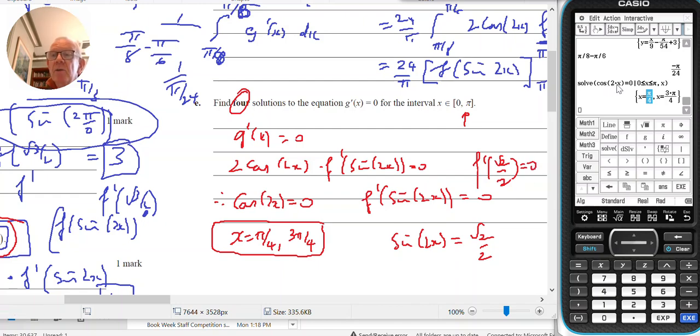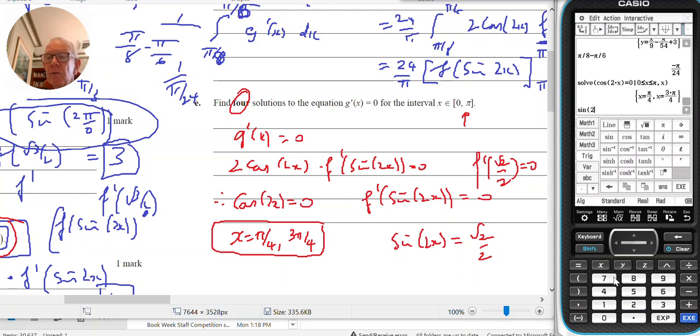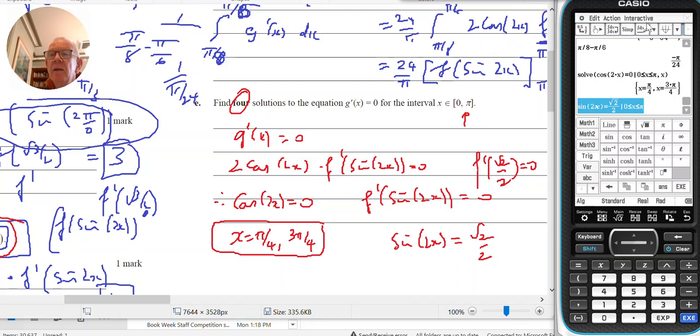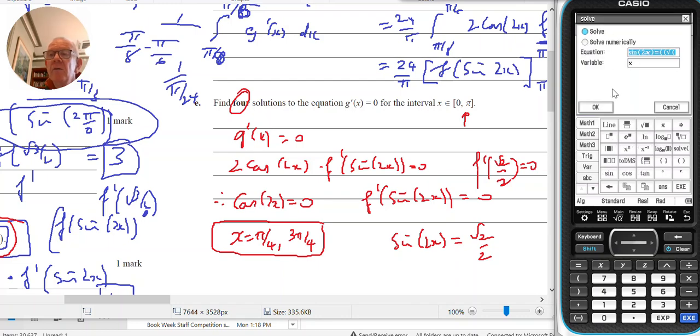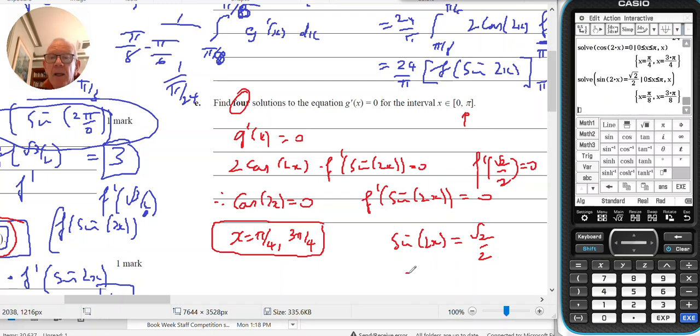So I'd like to solve sine of 2x equals root 2 on 2, given x goes from there to there, using interactive advanced solve, and I get x equals pi on 8 and 3 pi on 8, and there are my 4 answers.